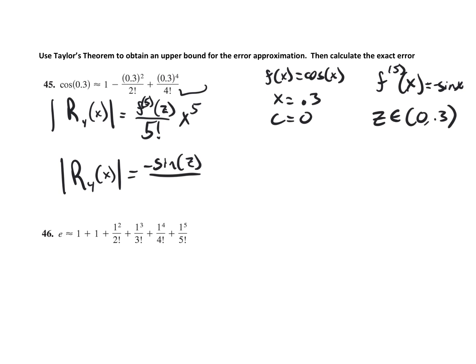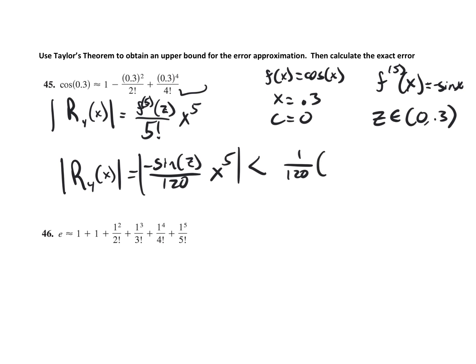5 factorial is 120. Let's go ahead and work that out. 120 times x to the fifth. Okay, so the absolute value of that, which we know is less than, sine is always less than 1, and the absolute value makes it positive here. So this is less than 1/120th of x to the fifth.